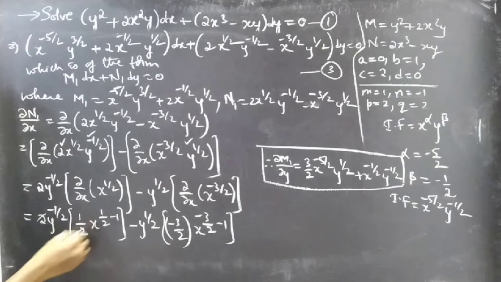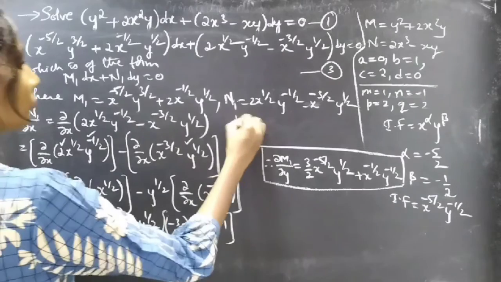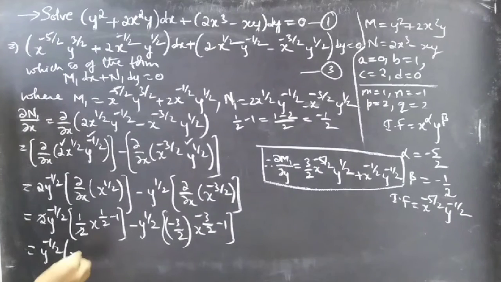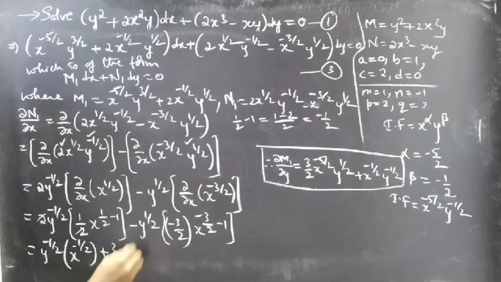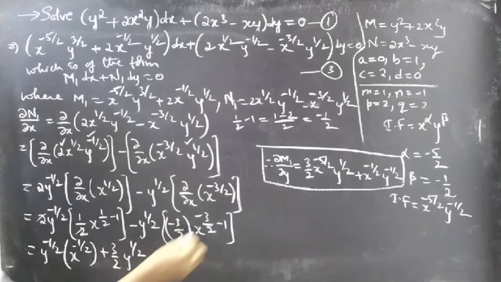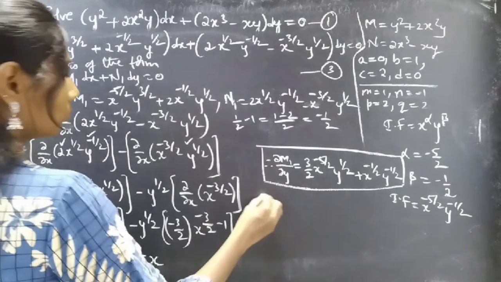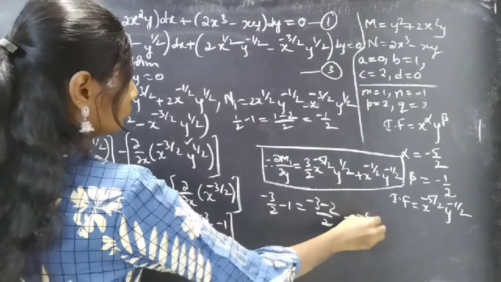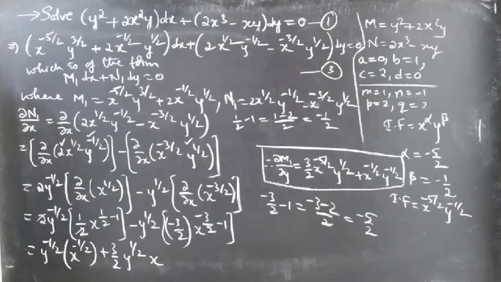Which gives us, here 2 gets cancelled, we'll get y^(-1/2) into x^(1/2 - 1), which is -1/2, so x^(-1/2), minus into minus plus 3/2 into y^(1/2) into x^(-3/2 - 1), which gives us -5/2, right?